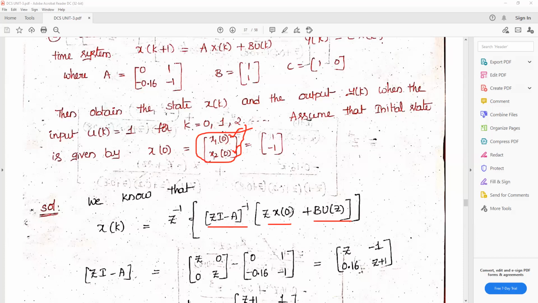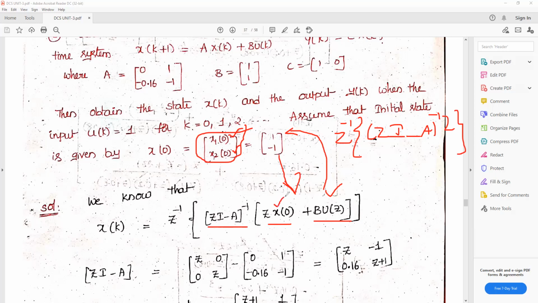If there were no initial condition in the problem, the formula would be z inverse of (zI minus A) whole inverse into z. But since initial conditions are given, it is (zI minus A) whole inverse into z into x of 0 plus B into u of z.